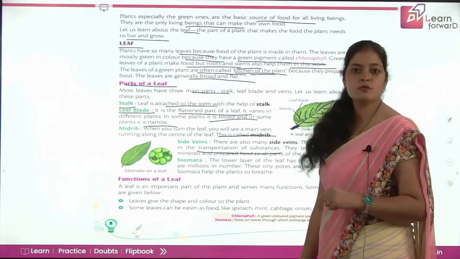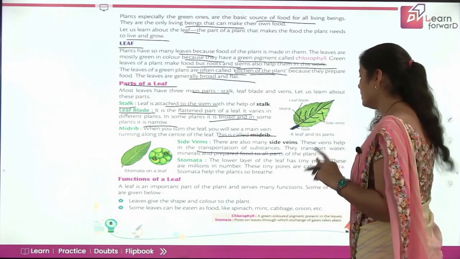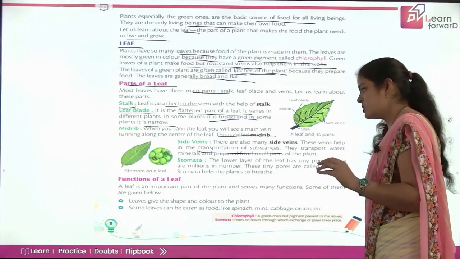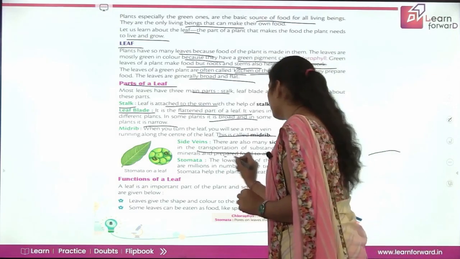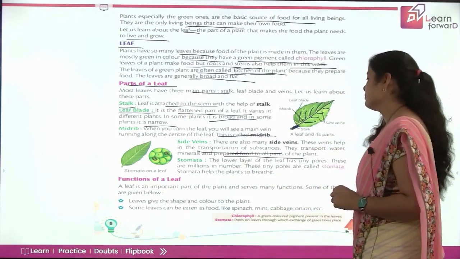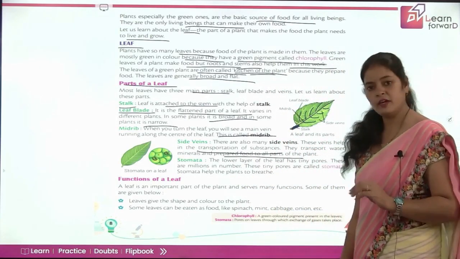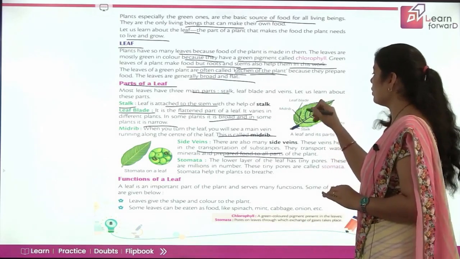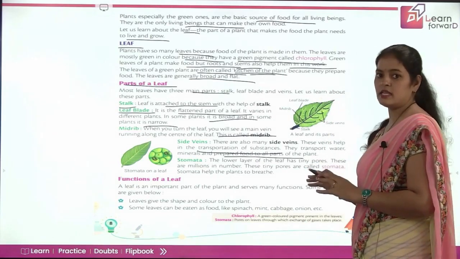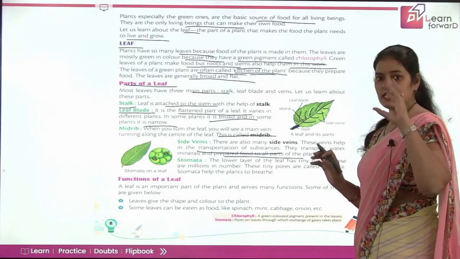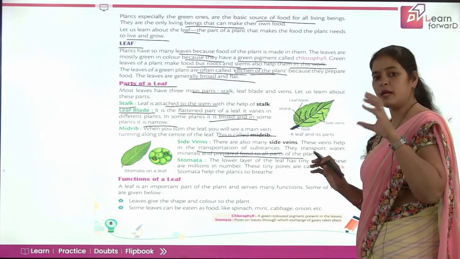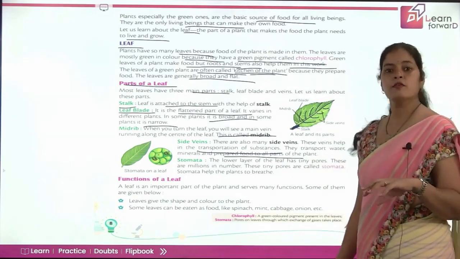They transport water, they transport minerals and prepared food to all parts of the plant. So through these veins, all things reach the plant cells, the cells that are present in the leaf, and they prepare food for the plant.